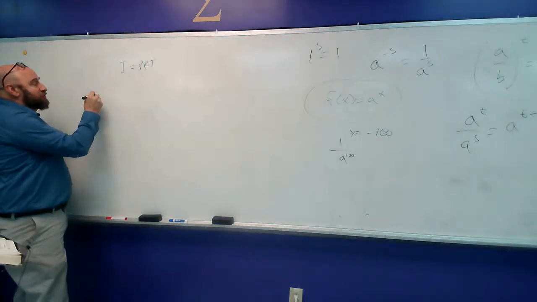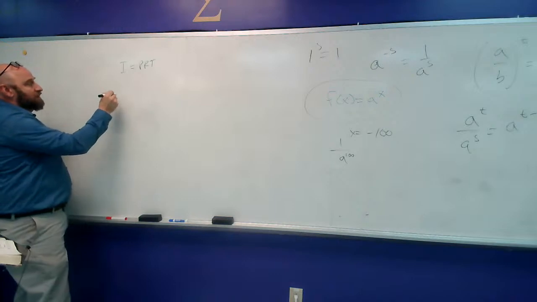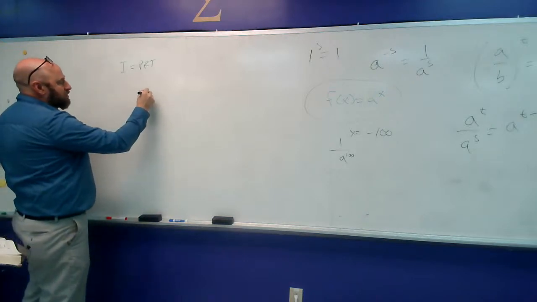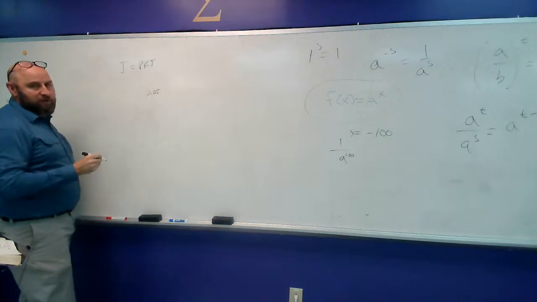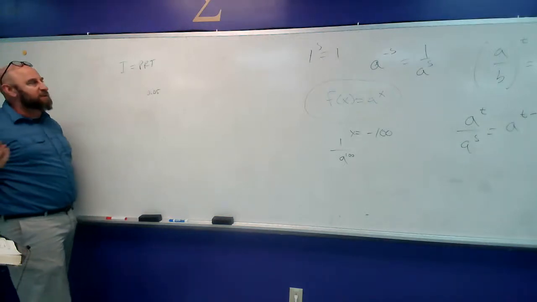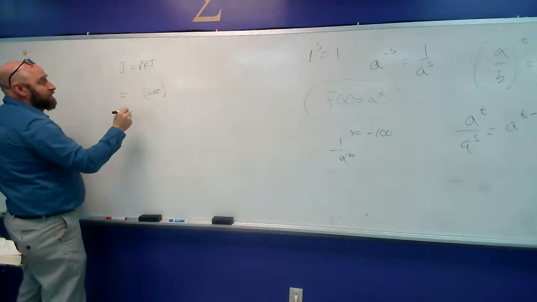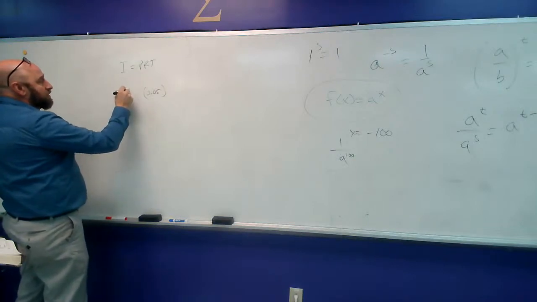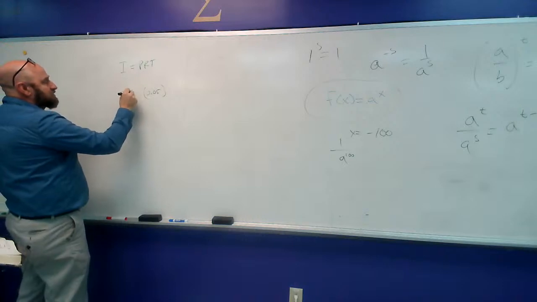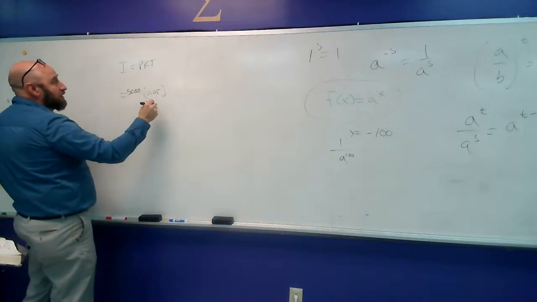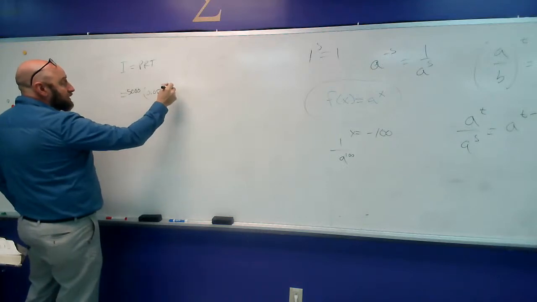But let's say your interest is 5%, so it's 0.05, that's a decimal 5%. And let's say you save $5,000, and you do it.